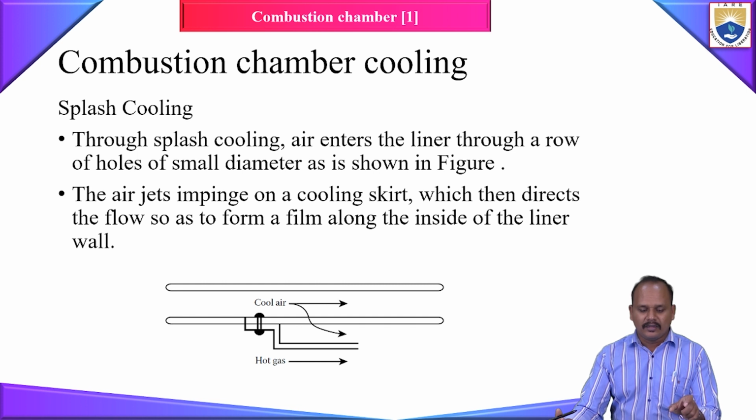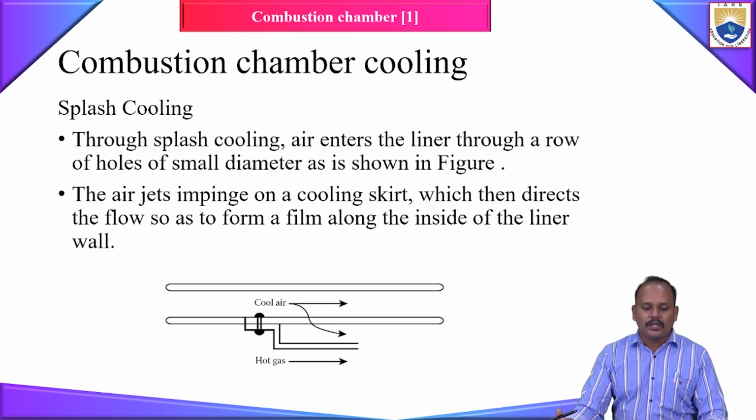Basically, it is a kind of impingement cooling, where cold air impacts the hot surface and takes away some portion of the heat of the hot surface. In that way, you can reduce the temperature of your liner.